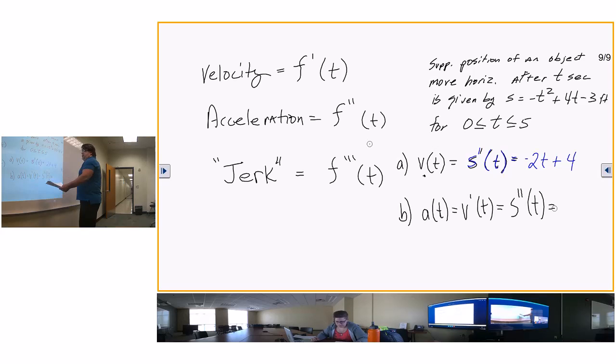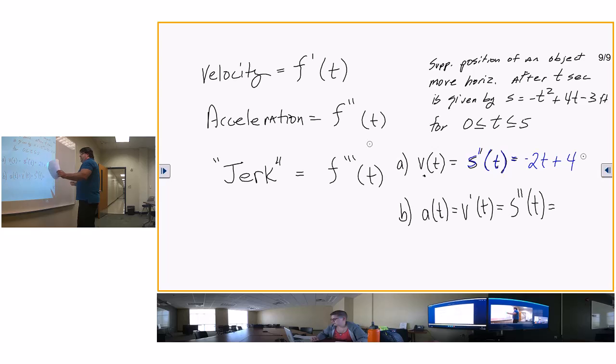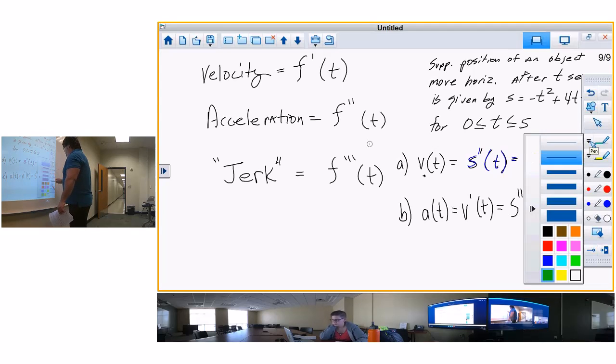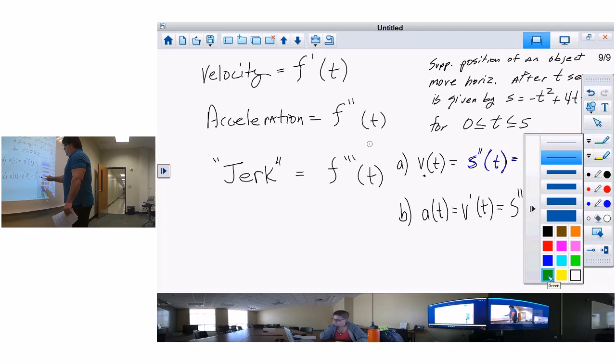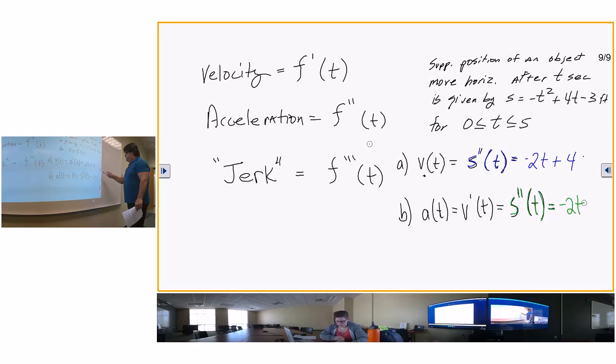These are the three ways you can see acceleration: a of t, the first derivative of the velocity with respect to t, which is equal to the second derivative of the position function itself with respect to t. And what is the derivative of negative 2t? Negative 2. Thank you.